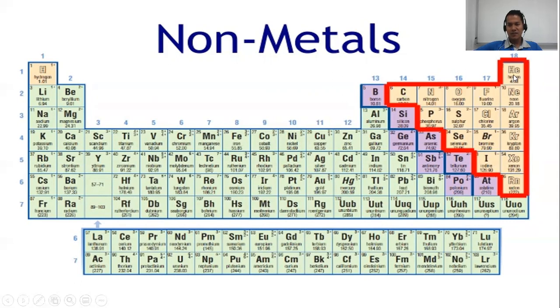Why? It's because they are already happy as they are, because these all have a full valence shell. But we will be dealing with groups 4, 5, 6, 7, or 14, 15, 16, 17. You know what that means already, right?